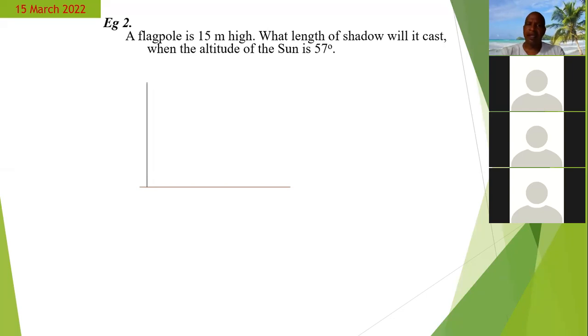All right, so let's say that the shadow is on the ground, guys, and the sun would be shining up from above so that you have an angle of elevation of 57. All right. Now, it doesn't matter if you put your angle to the right of the pole or to the left of the pole, whichever way you want to draw it will be okay. Ms. Cabrera, are you saying something?